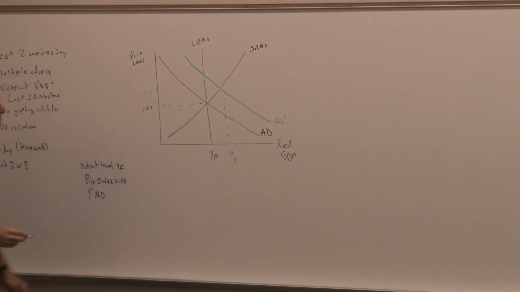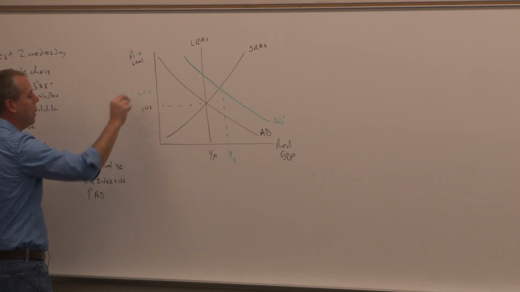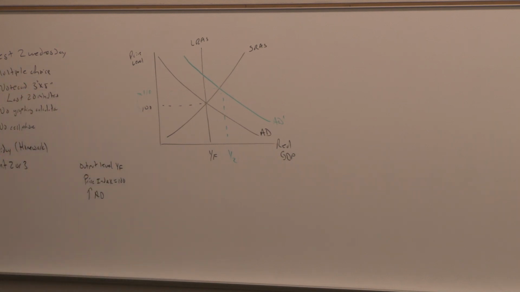So we had some increase in output to, say, Y2, and some increase in the price index to, say, 110. So in essence, you'll recall, on average, prices have gone up 10%.